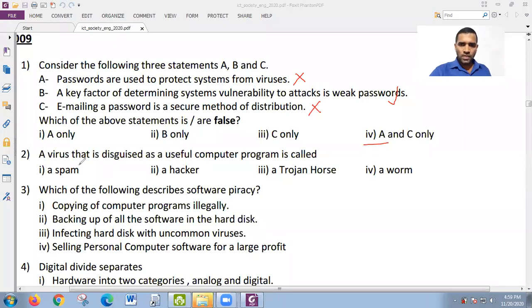The virus that is disguised as a useful computer program is called, right? Disguised means presenting itself as a useful one, right? Here it can be replaced with malware, but since the question is very old, 2009, that may be the initial time of ICT for grade 10 and 11, right?